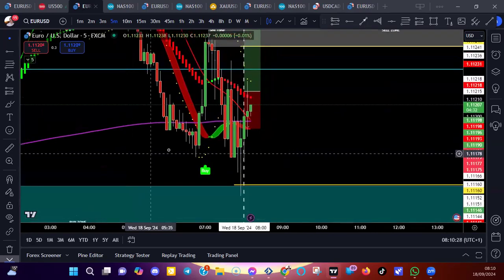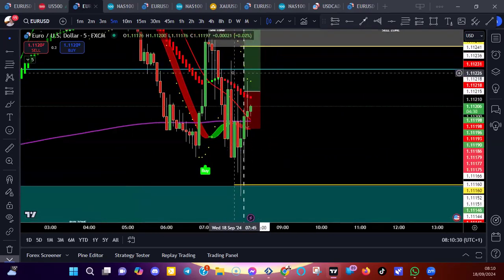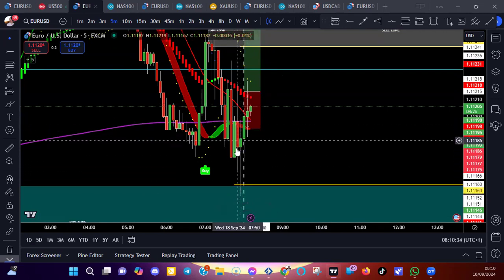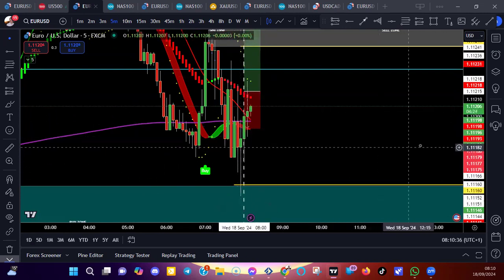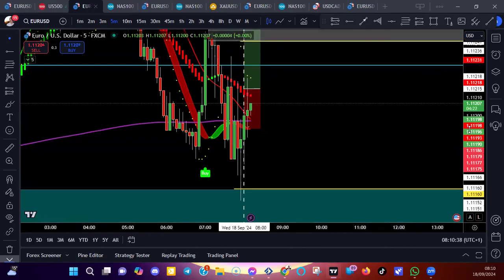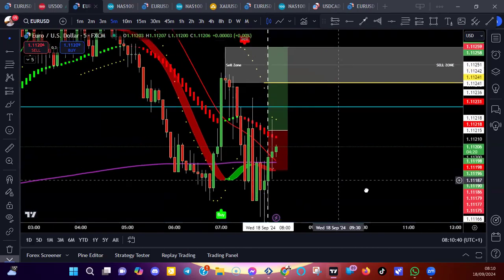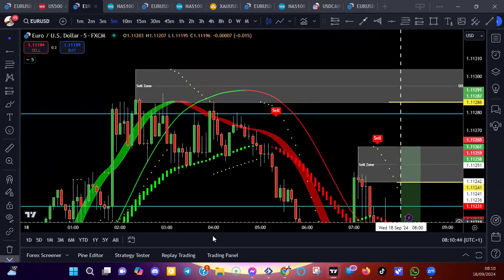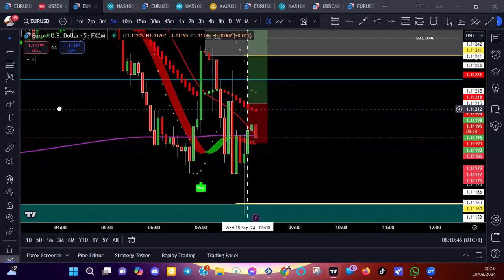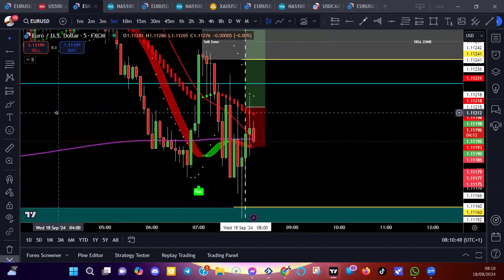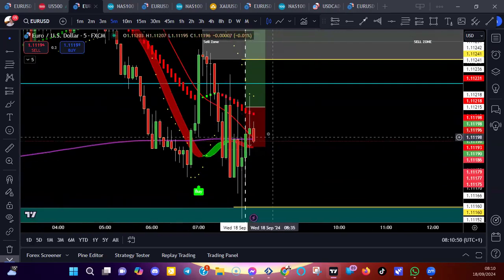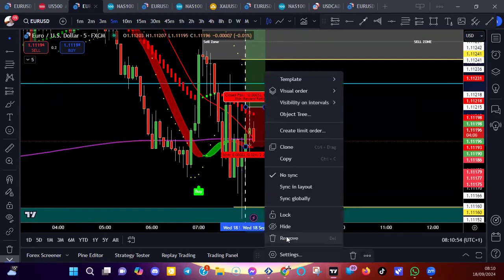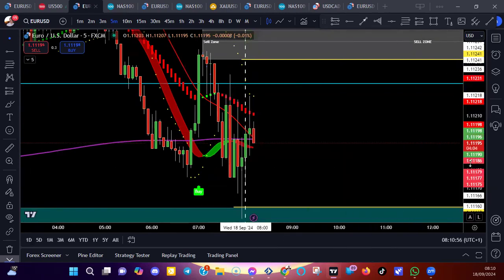And on the 5 minute time frame, see the length of these wicks here, the latest ones. Big indecision going on. So I indeed will not be fraternizing with that.